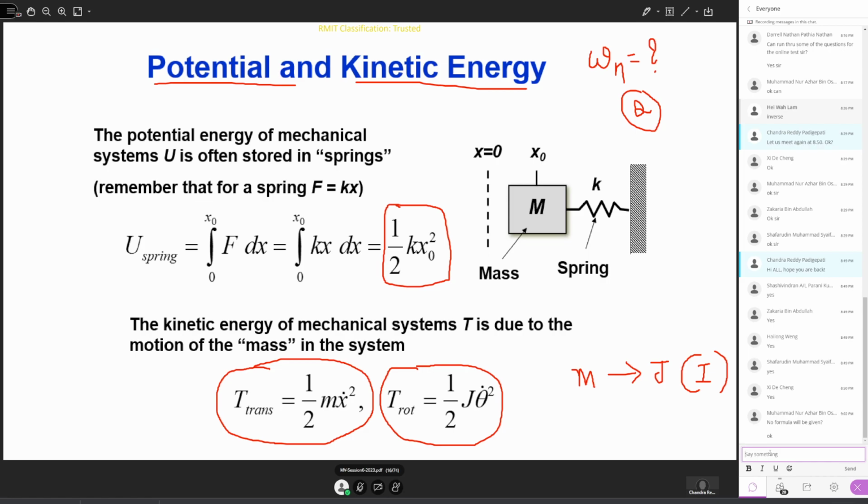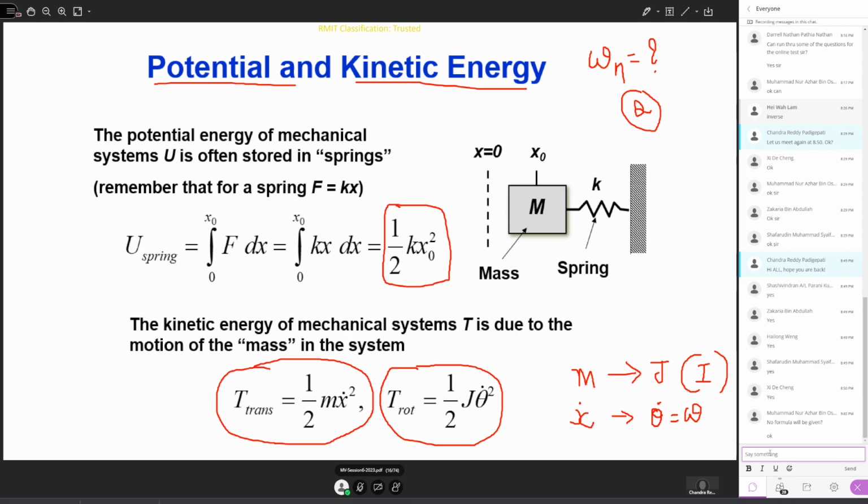The x dot, the linear velocity, is replaced with angular velocity theta dot. When we say angular velocity, this is simply your circular frequency, radial frequency omega. So this is the rotational kinetic energy of the system.